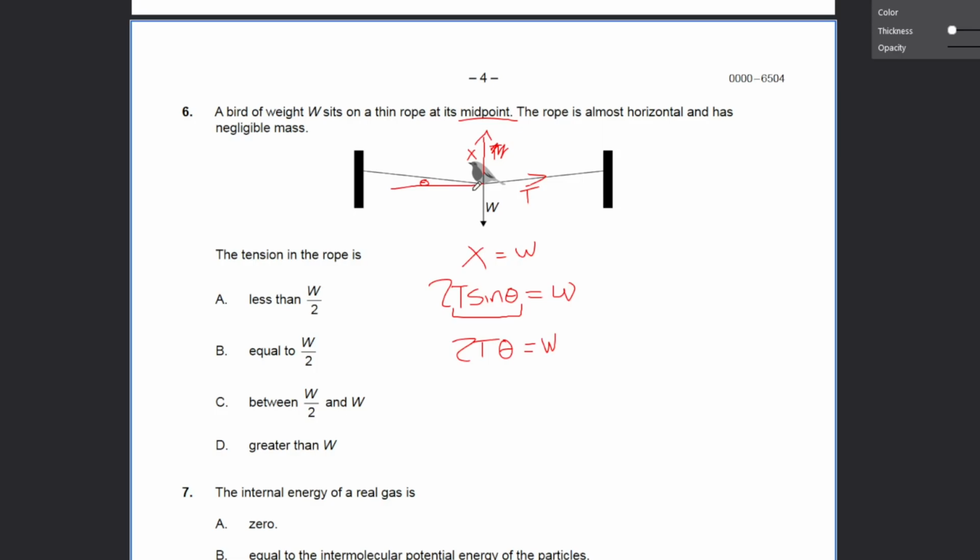Now 2 degrees is pi over 90 radians. So we have 2 pi over 90 times T is equal to W. This is just T over 45 pi, and that's equal to W. So obviously, T is greater than W. So our answer is D.